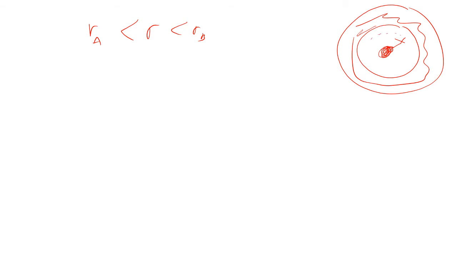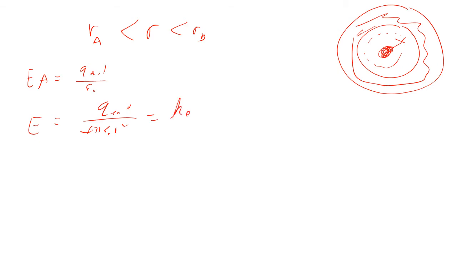If we imagine a Gaussian surface right there, then EA equals enclosed charge over epsilon, and so E is going to be equal to Q enclosed over 4 pi epsilon naught R squared, or in other words, that's K sub E Q1 over R squared. And so the electric field comes out to be equal to that.